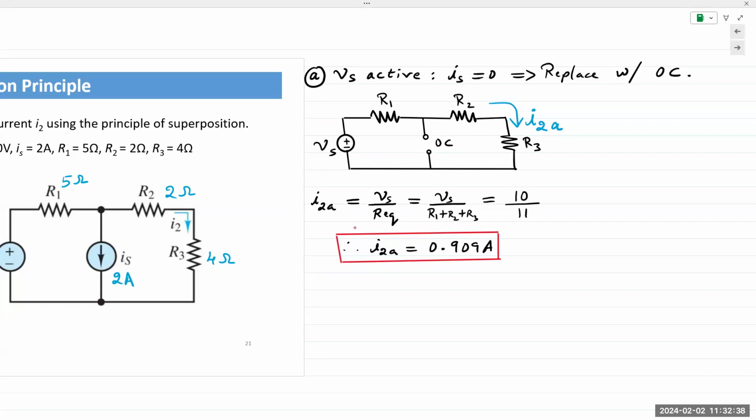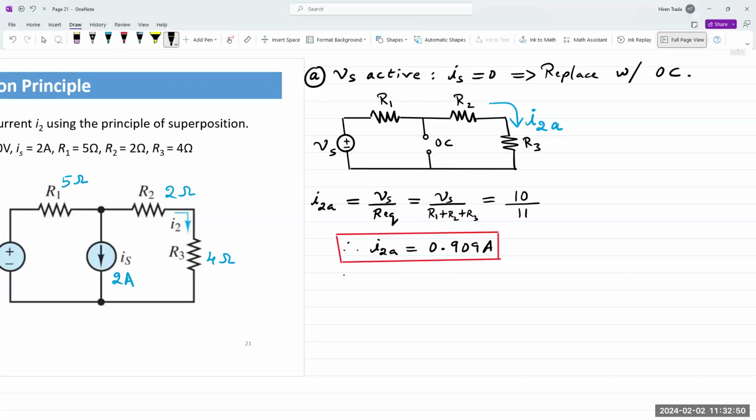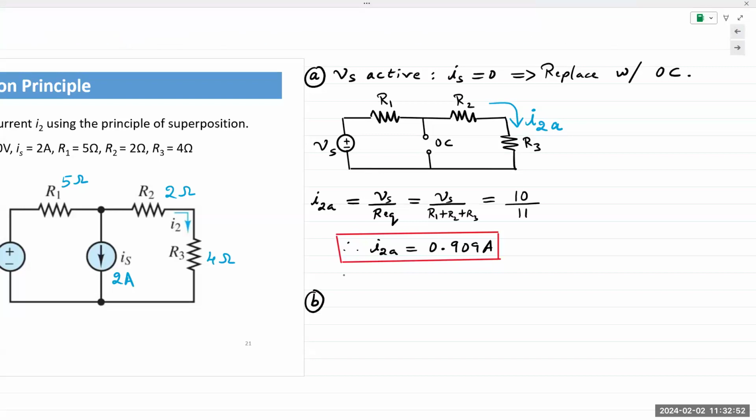Okay, so let's look at circuit B. And in B, I'm going to have Is active, hence Vs will be 0. So I replace Vs with a short circuit.